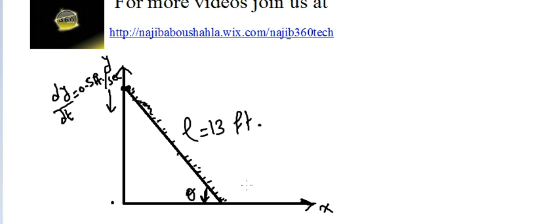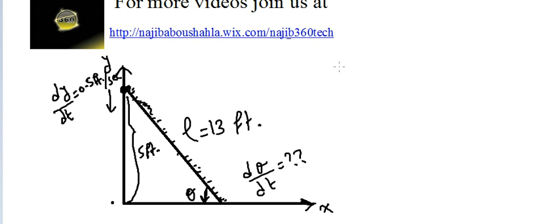The rate of change of theta, d theta/dt, is what we have to find when the top of the ladder is 5 feet above the ground.